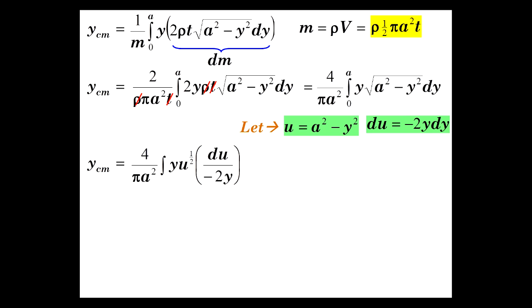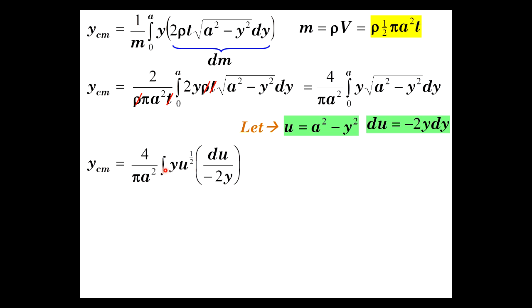And now the y center of mass is reduced to this expression, which has y, u to the 1/2, because the square root of a squared minus y squared is the square root of u. dy is du over minus 2y.